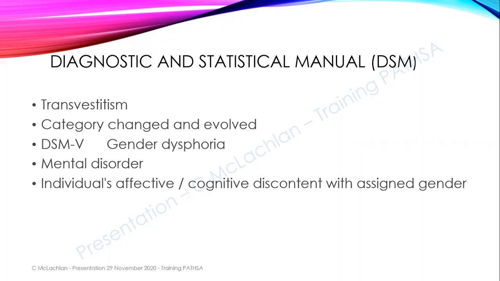But if we look at the history of trans and gender diversity, we see that it first starts being mentioned early on as transvestitism in the DSM. And as this category changed and evolved, it started having new facets, new ways of understanding it, and new names, up to where we now are, and that is the DSM-5.